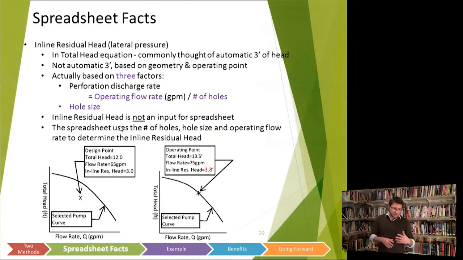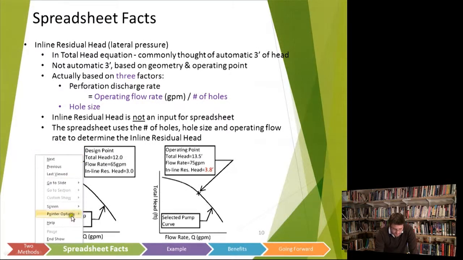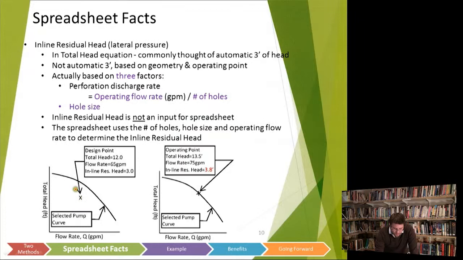So here's a little description, 2 graphs that show basically if someone were to use the design point method, they would pick a point and a pump that's above that, but they're not actually finding the operating point. So they say, okay, I've got 3 foot of head, and they just put that in the total head equation, and to them they're thinking they have 3 foot of head.